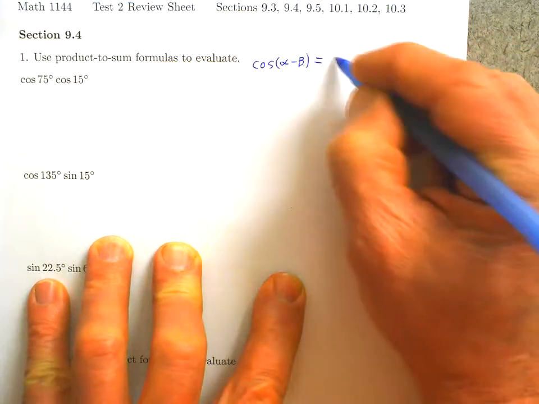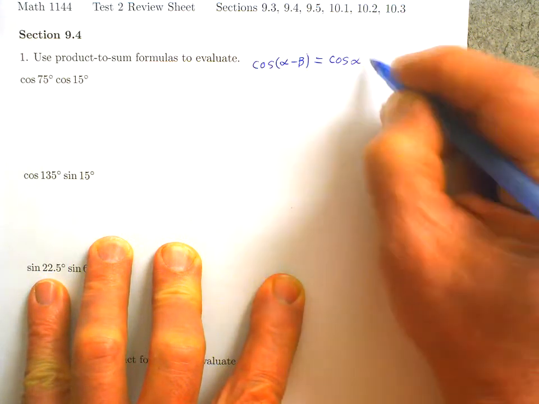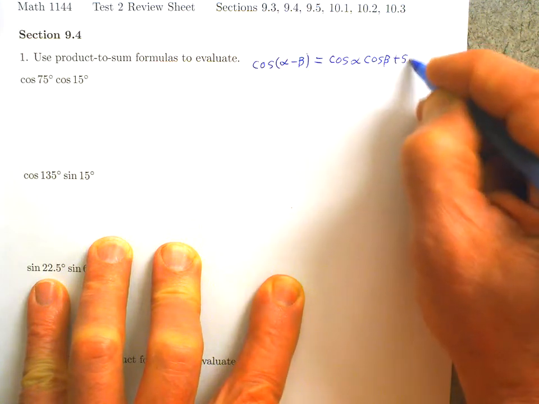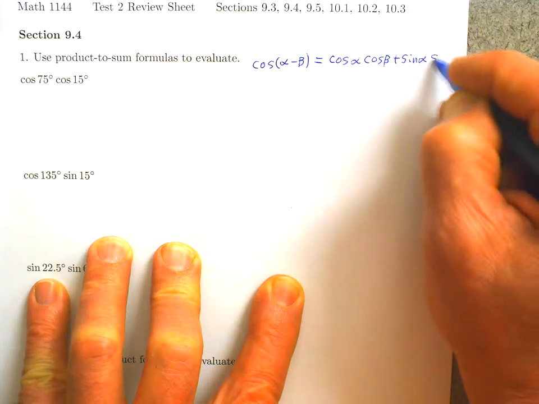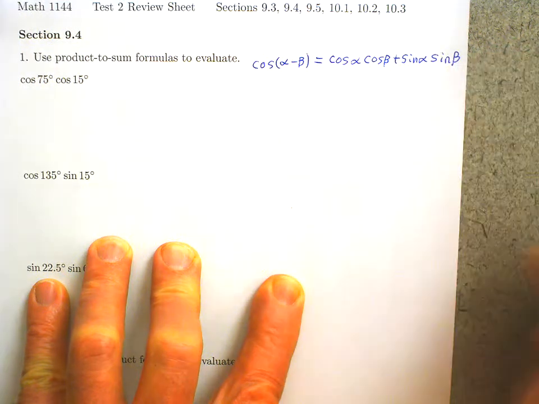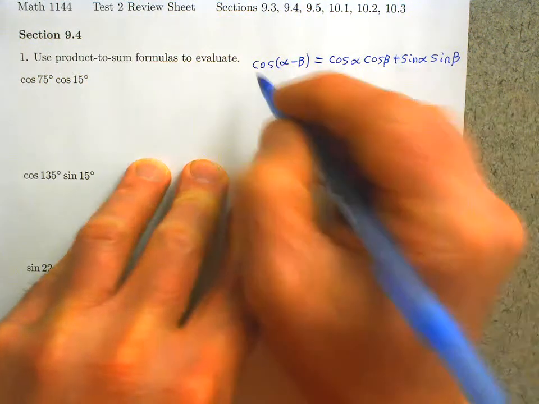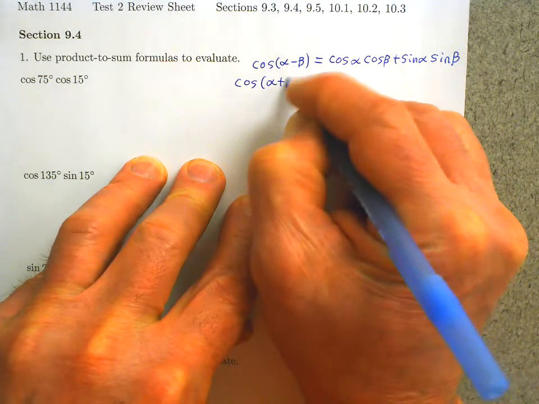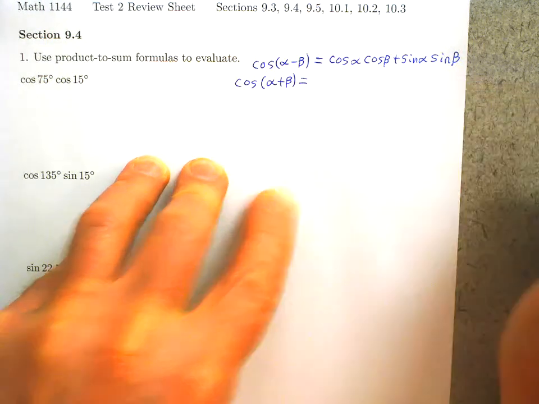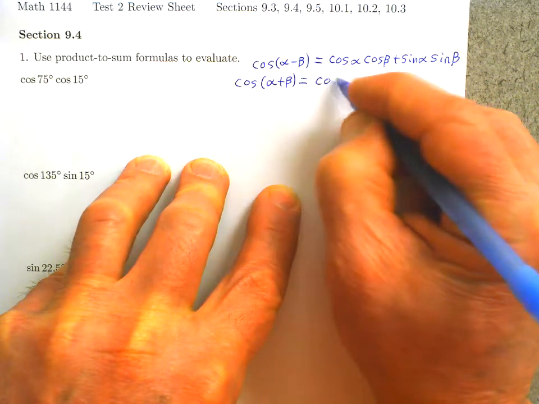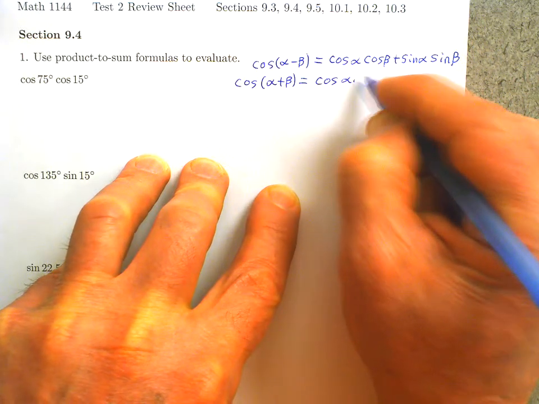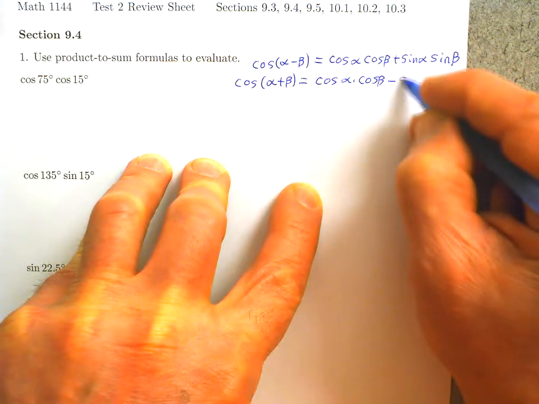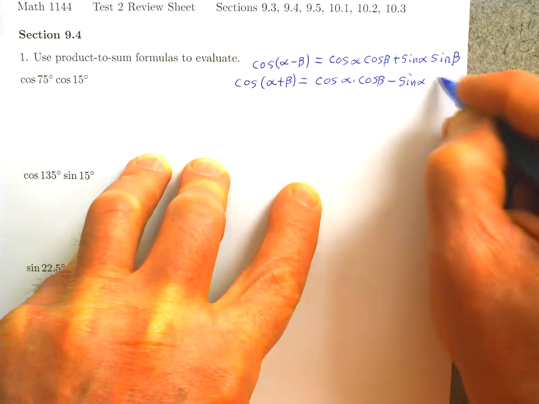So this is cosine of alpha times cosine of beta plus sine of alpha times sine of beta. And then the other one, cosine of alpha plus beta. I get cosine of alpha times cosine of beta minus sine of alpha times sine of beta.